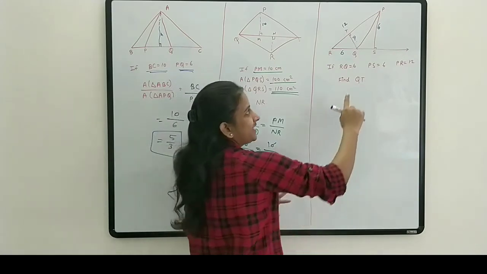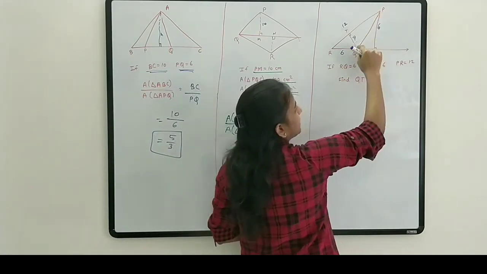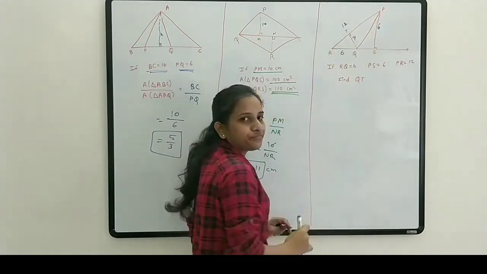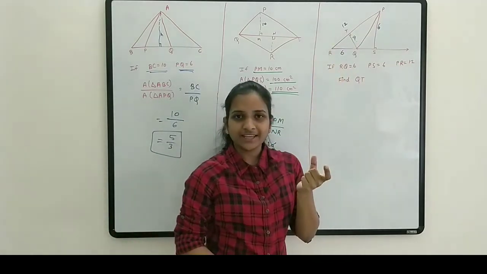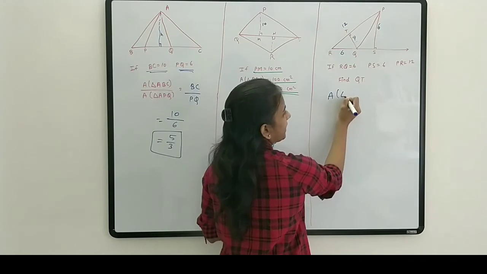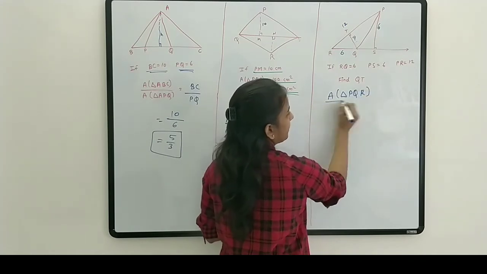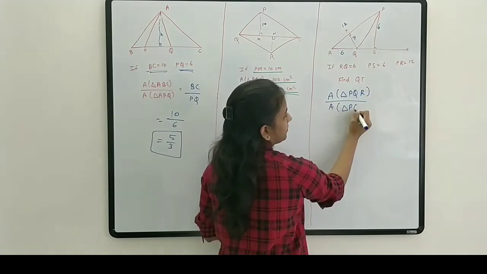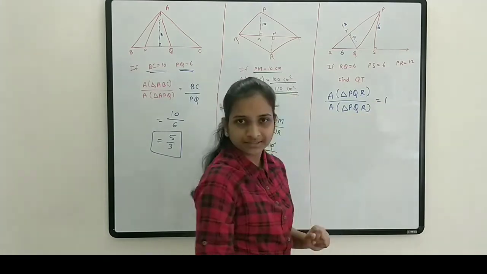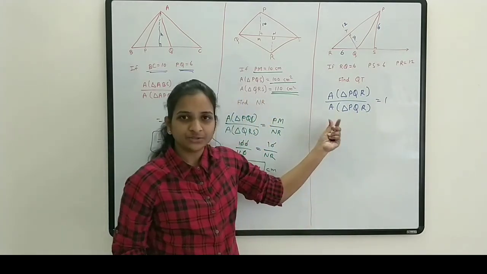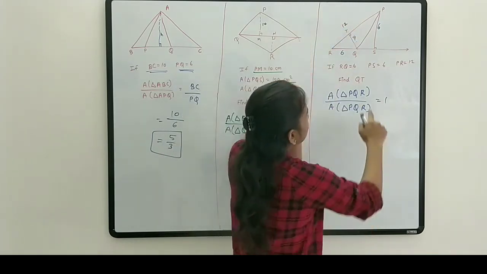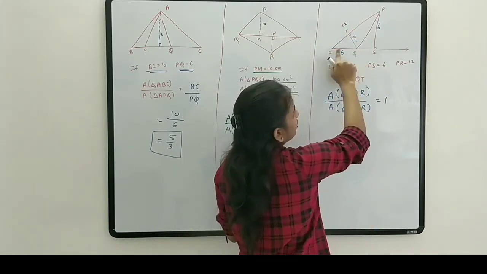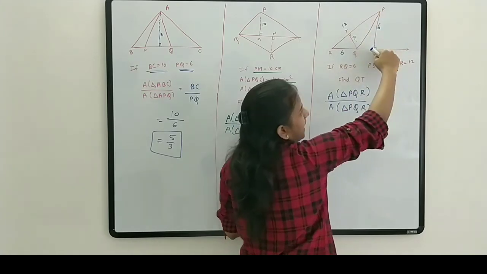See, here consider triangle PQR. For the same triangle, the ratio of their areas is 1. See, area of triangle PQR divided by area of triangle PQR is 1, because it's the same triangle, so the ratio is 1. Now, in PQR, you can consider RQ as base and PS as height.